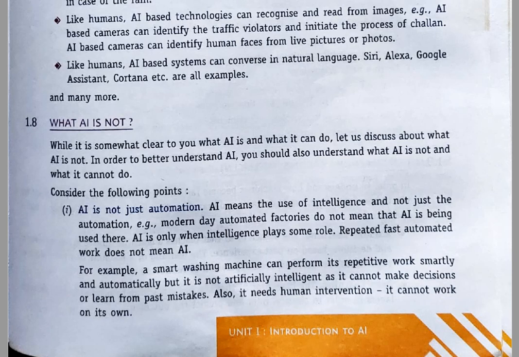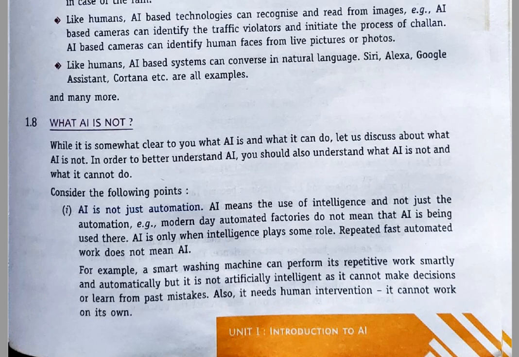You must understand the difference between automatic machines and AI based machines. Automatic machines have a fixed number of options. For example, automatic washing machines have fixed modes of washing.